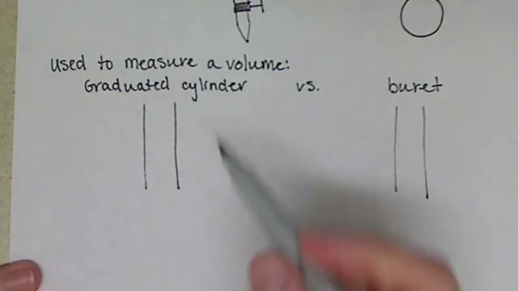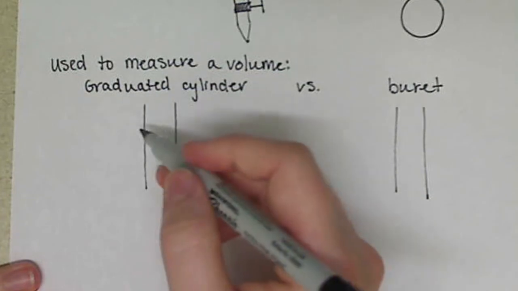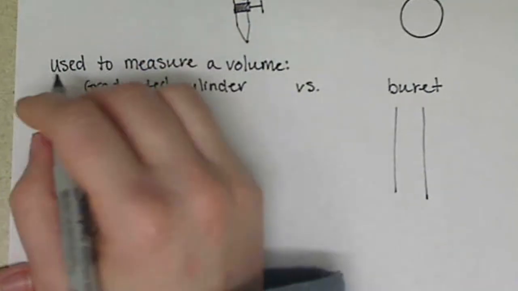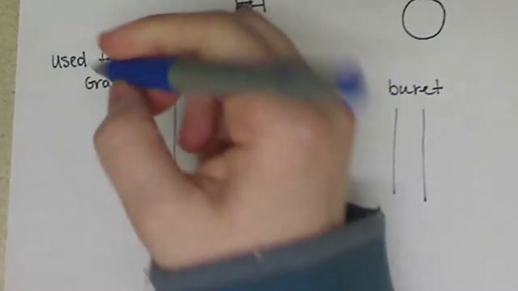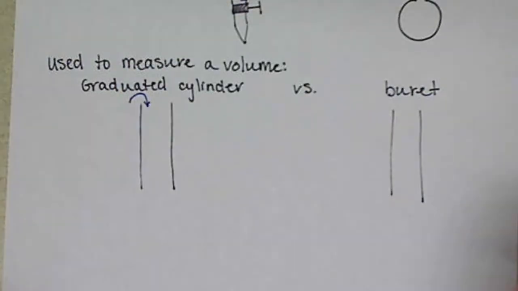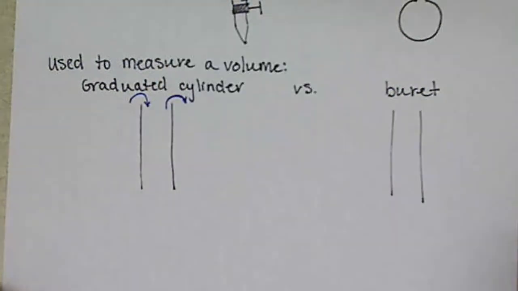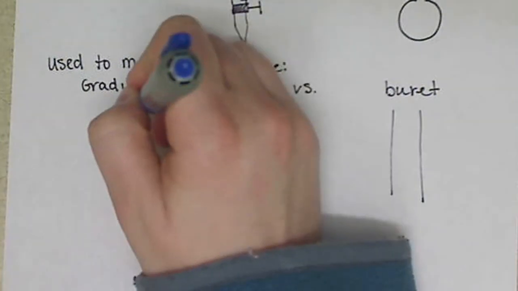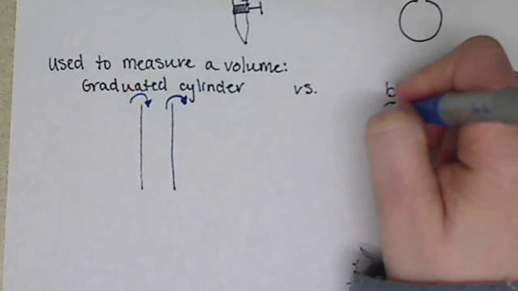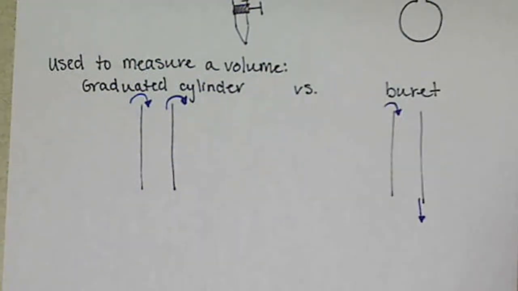A key thing about graduated cylinders versus burettes. With a graduated cylinder, you're going to pour your liquid in, and to get it out, you then pour it out. That's how a graduated cylinder is used, whereas with a burette, you're going to pour your liquid in, and you're going to end up draining that liquid out the bottom.